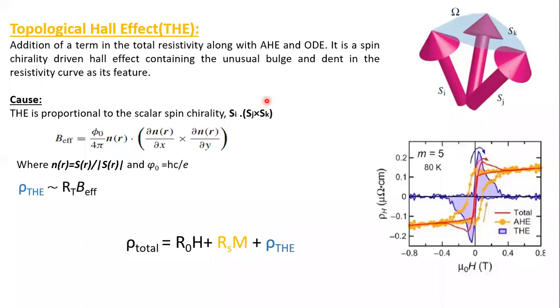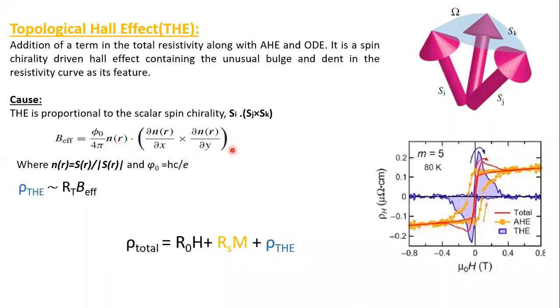And if you look at this scalar product, you will see that this is actually the solid angle subtended by these three spins. Now a Hall effect, that is, a contribution to the total Hall resistivity due to a different reason from that of the anomalous Hall effect, is proportional to this spin chirality, that is S_i dot S_j cross S_k. Now look at this formula. Here n of r is S of r divided by the magnitude of S of r.